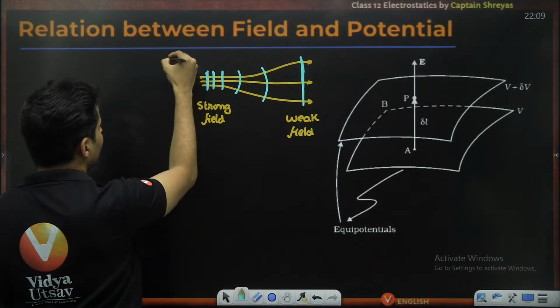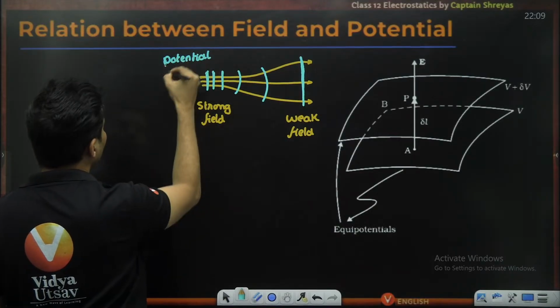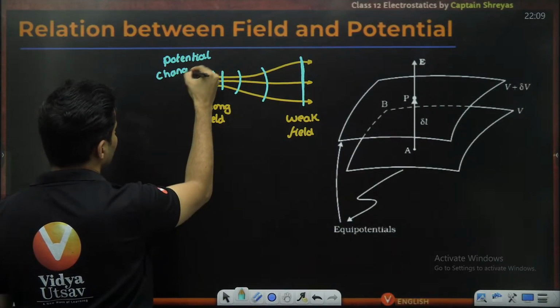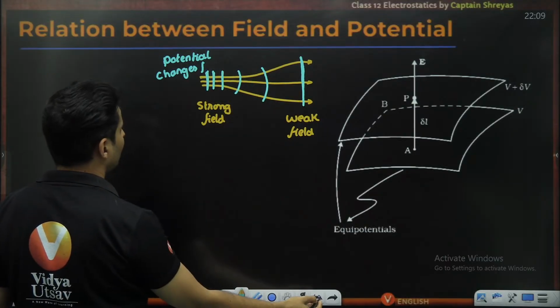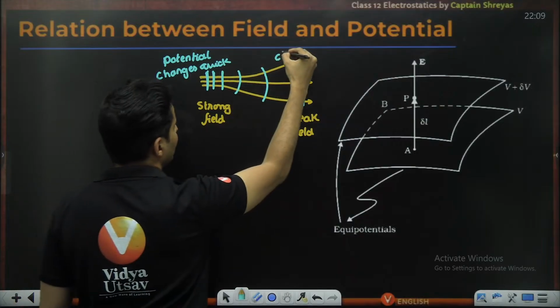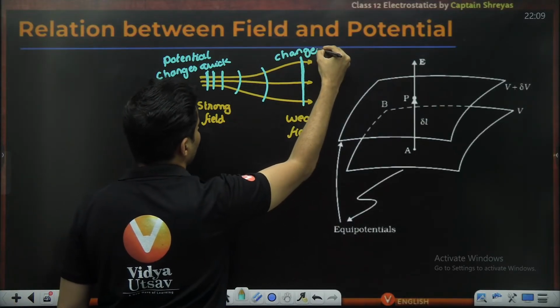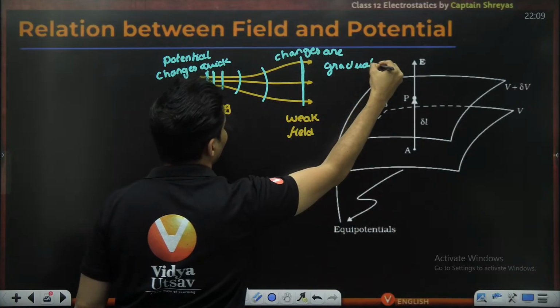Meaning here the potential changes quickly. The potential changes faster. Here the changes are gradual, where the field is weak.